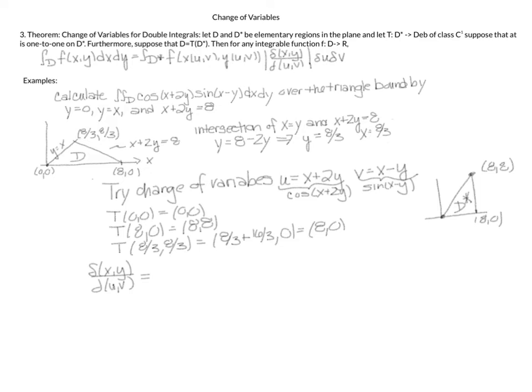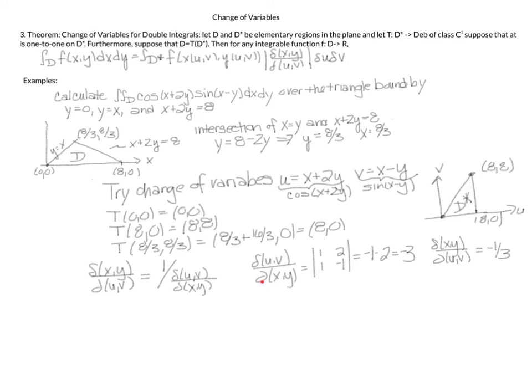Next I need my Jacobian. Here, my derivative of (x, y) with respect to (u, v). Unfortunately, my variable transformation doesn't have x and y written in terms of u and v, and I could do the algebra to figure that out, but I'm going to do something even simpler, which is that d(x,y)/d(u,v) is equal to 1 over d(u,v)/d(x,y).